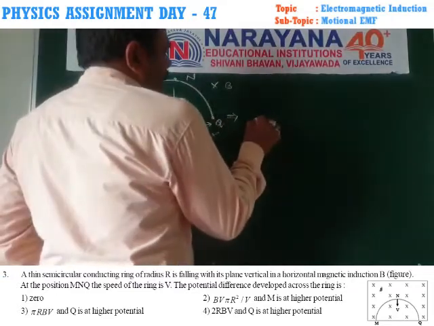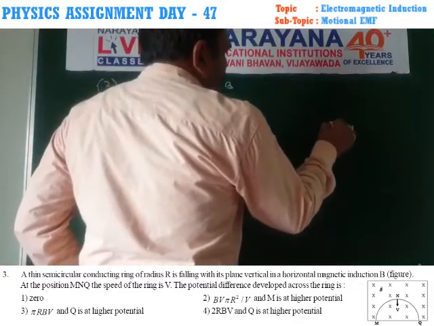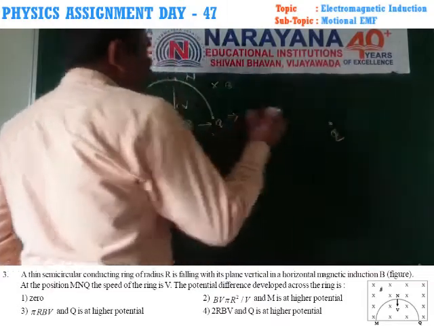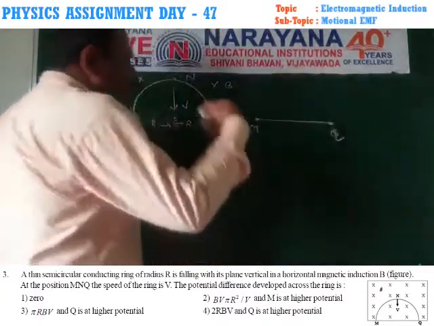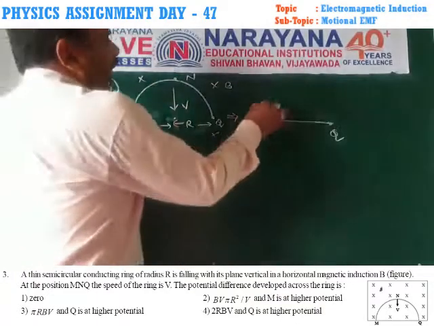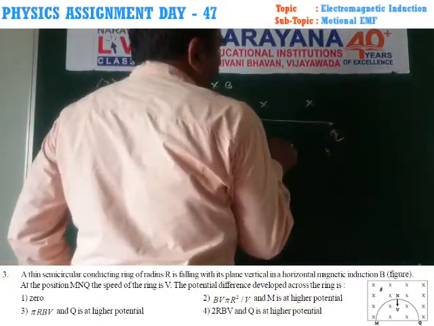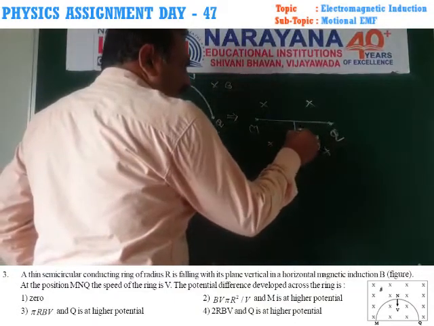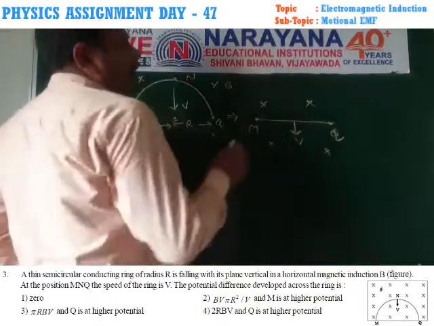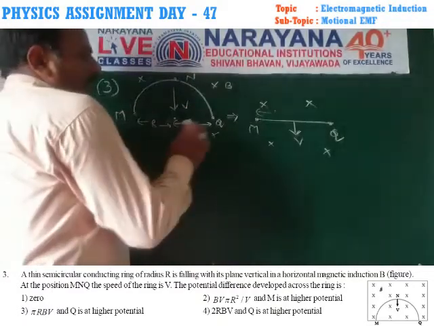This is the M point, this is the Q point. That straight conductor is moving in the downward direction with velocity v under the external magnetic field, with radius R.